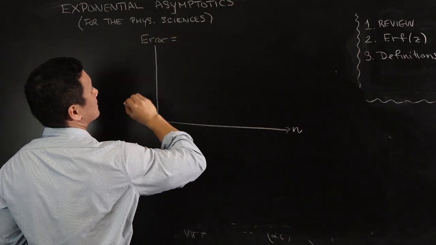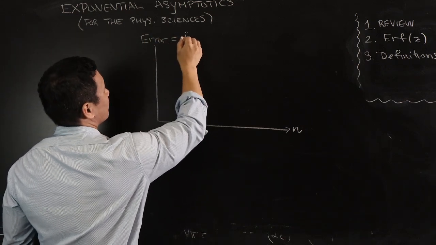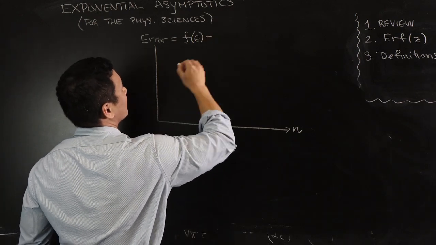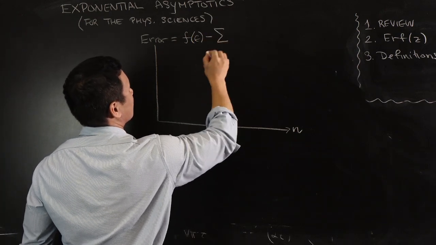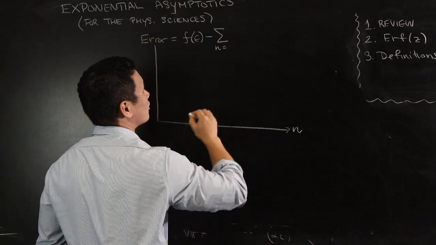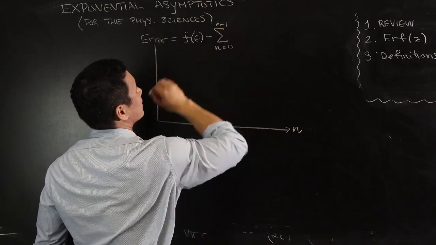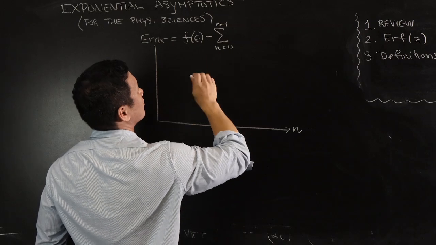So this is basically the exact value of the function, if you want to write f of epsilon here, minus the asymptotic approximation or the convergent series that you truncate at n terms. So maybe n minus 1 here if I want to truncate at n terms, including 0.